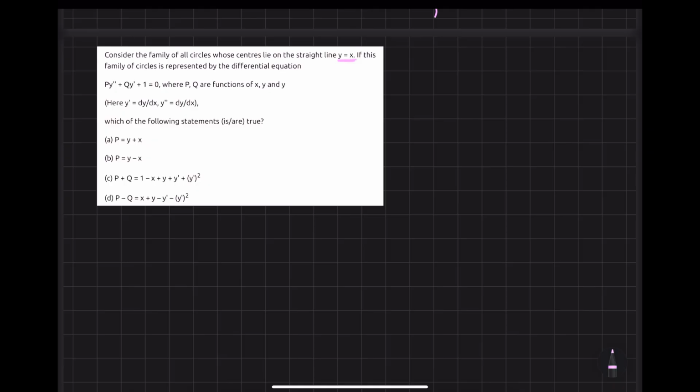Circle means you will have so many circles having different radii. So can I say that we will have a circle (x minus a) whole square plus (y minus a) whole square equals r square.